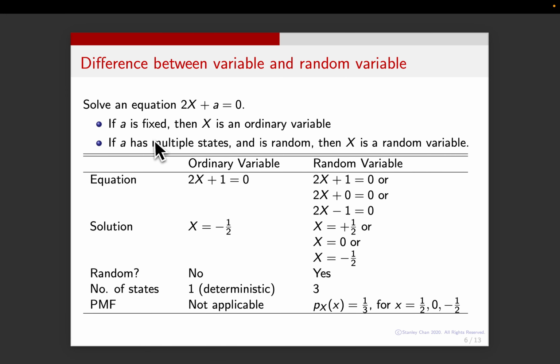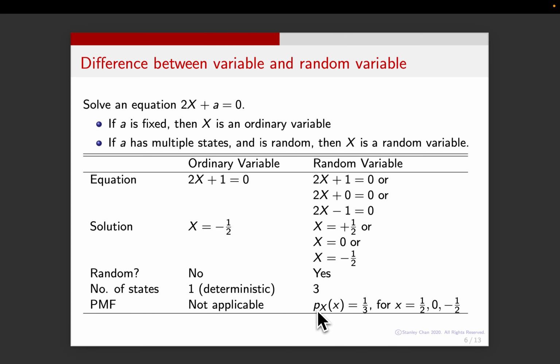Whereas if a also had multiple states, if a could take the value 1, or 0, or minus 1, in that case, we can say that a has randomness and x is a random variable. So you can get x equal to plus half, 0 and minus half. The number of states that x can take in this case is 3.